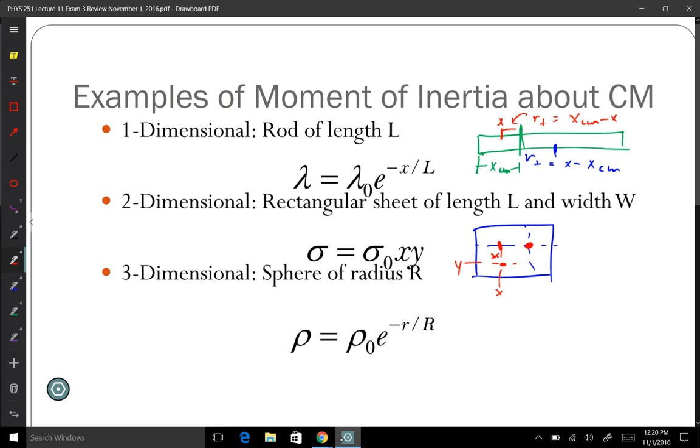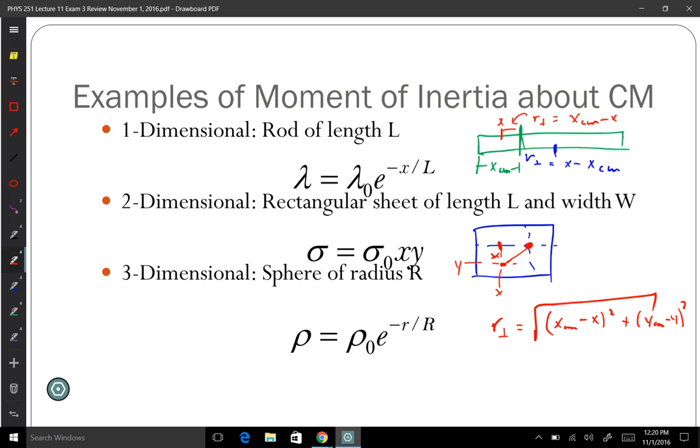You have to calculate this distance, so you're going to have to use the Pythagorean theorem. r perpendicular is equal to the square root of x center of mass, which we know is 2/3 L, minus x, squared, plus the corresponding y term, and that's what we would have for r perpendicular there. Of course, r perpendicular squared comes out to be just a long polynomial for our integral, with many terms.